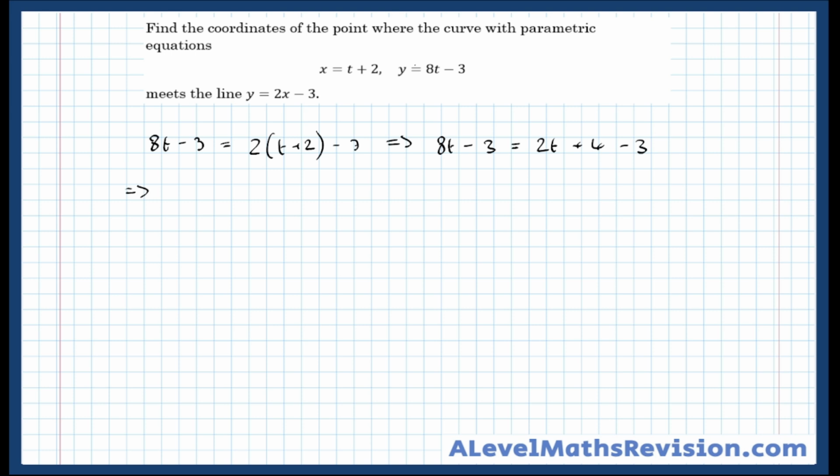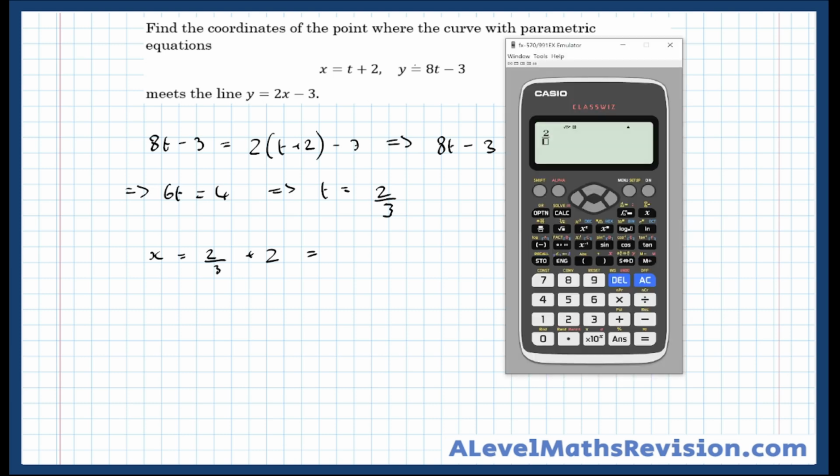Taking everything over to the other side, so we get 6t on the left, and take everything over to the right, equals 4, which means that t equals 4/6, which is 2/3. So now subbing t equals 2/3 into the parametric equations, I get x equals 2/3 plus 2, which is equal to 8/3. Just check that. 2/3 plus 2 is indeed 8/3.